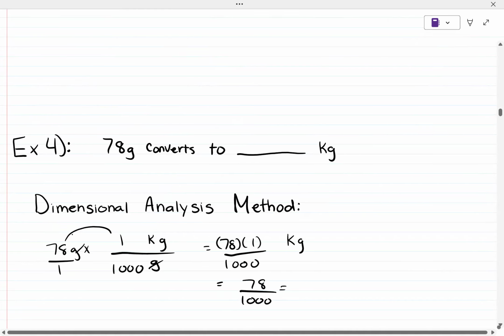What's 78 over 1,000? It's going to be 0.078. So you must include this 0, and you must also include this leading 0, right? So, yep.